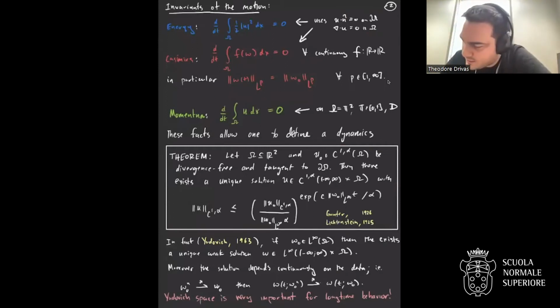Now, occasionally, if your domain has some additional symmetries, say the 2-torus or the periodic channel or the disk, then you have some other conservation laws like linear momentum in the first 2 cases and angular momentum in the second. So these cases are important if you're studying long-time behavior on those special domains, but as a general theory, you don't really have any information like this.